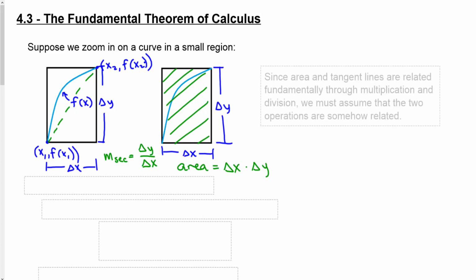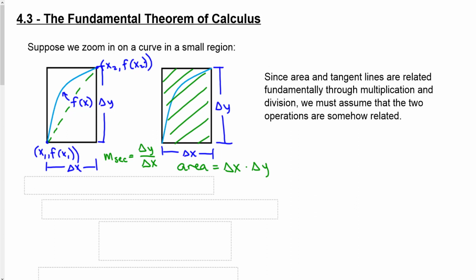That tells me that since area and tangent lines are related fundamentally through these delta y's and delta x's, which are just either multiplied or divided, we can make an assumption here that isn't that much of a leap, that these two operations are somehow related to one another. And that's our job in this section, is to see exactly how these two operations are related.